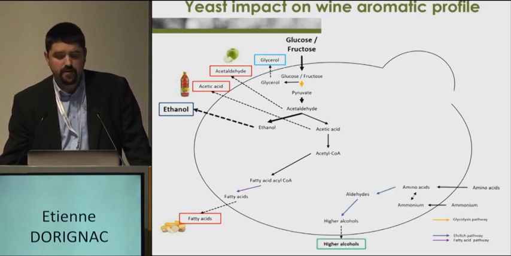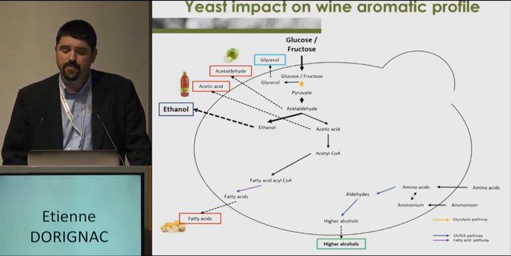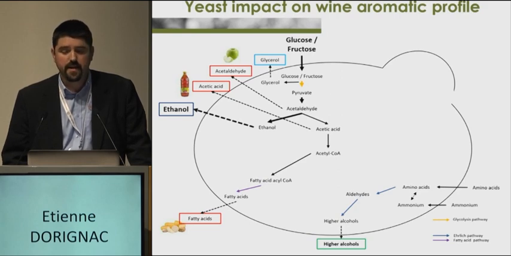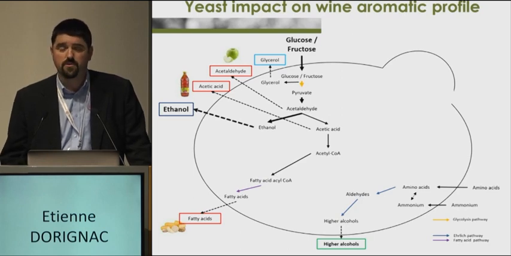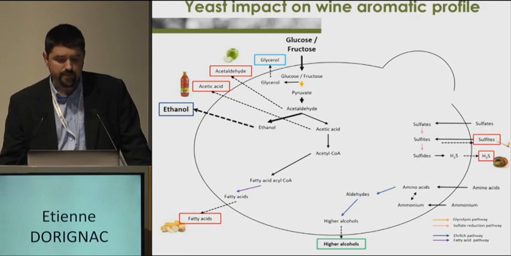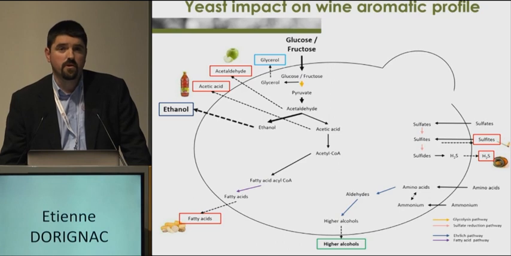Then the yeast is able to use nitrogen sources, amino acids or ammonium, that interconvert in the cell, and then through the Ehrlich pathway produce higher alcohols, which are also the base of a lot of different aromatic compounds. Then there is the ability of the yeast to assimilate sulfate and sulfite, and to produce sulfites as well.